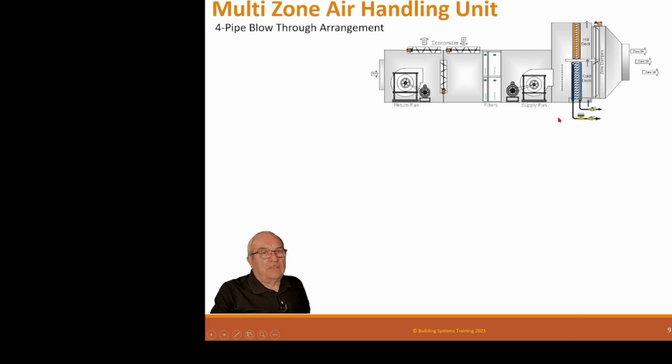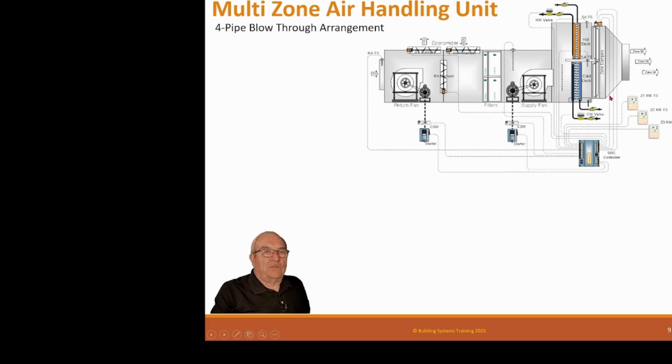So this has a chill water coil and a hot water coil, just like the dual duct, but this is a multi-zone. It has a control system essentially the same. It has starters and sensors, current sensors for status on both the return fan and supply fan. It has a room temperature sensor in each zone. This is a 3-zone system.